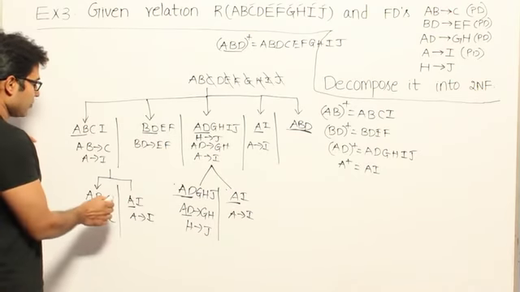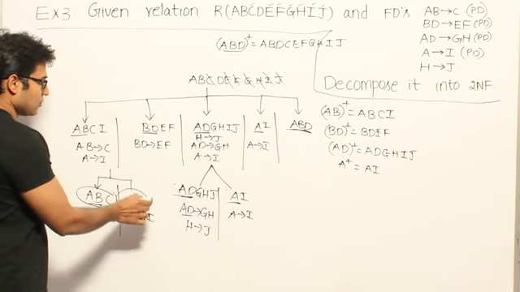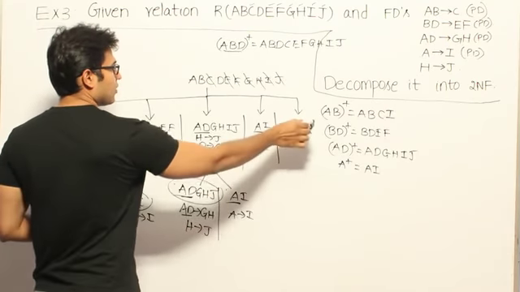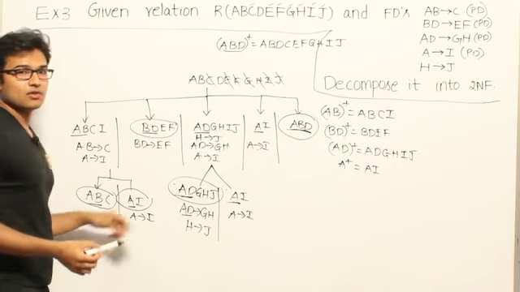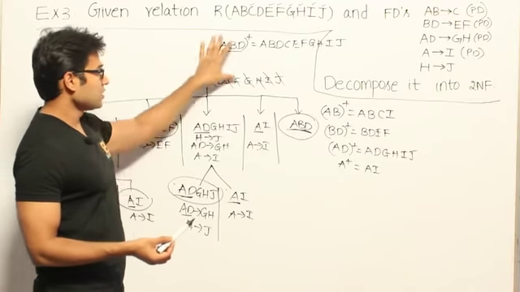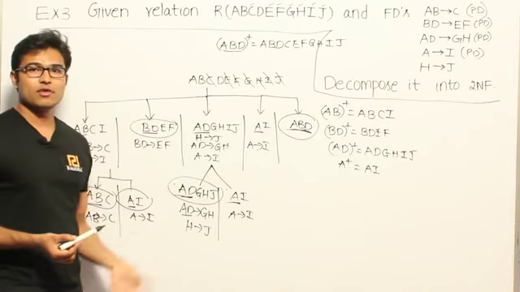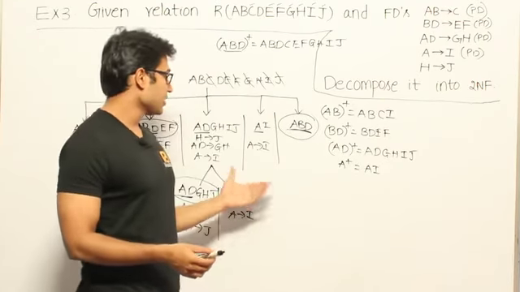After decomposing, how many tables did I get? 1, 2, 3, this one is already counted, 4, 5, right? So after decomposing this table into 5 tables, all 5 tables are in second normal form and all the dependencies are preserved.